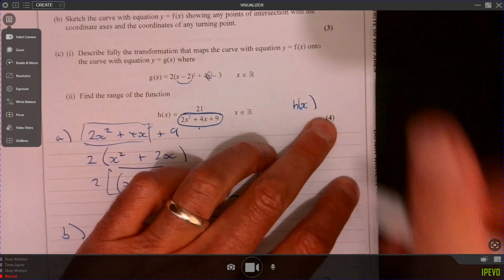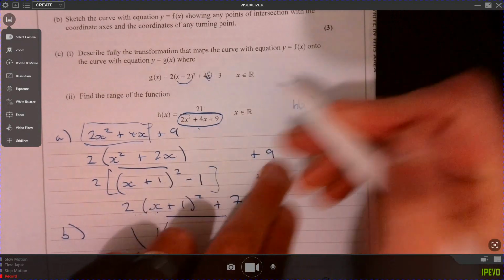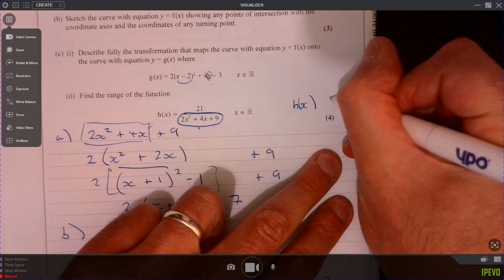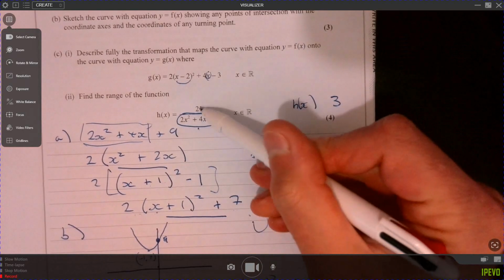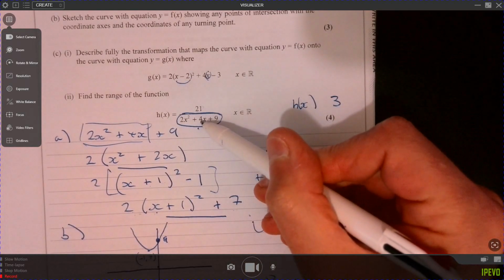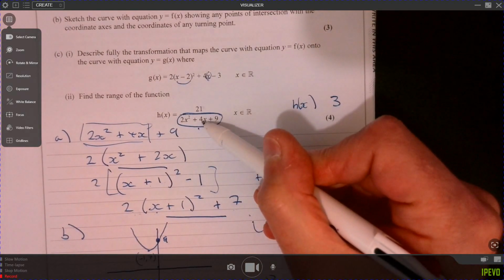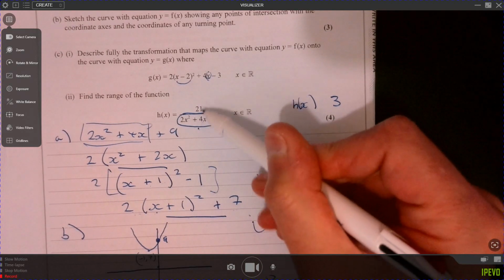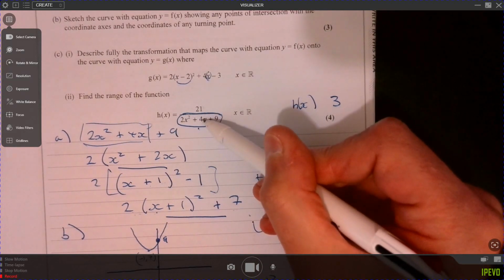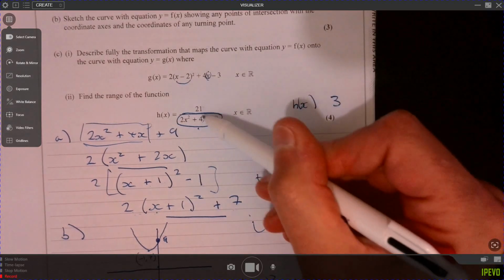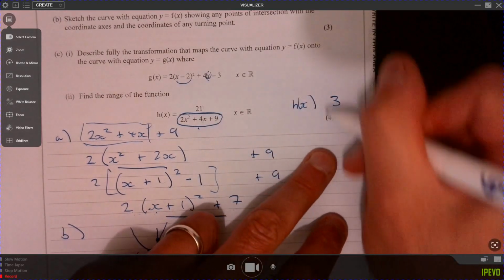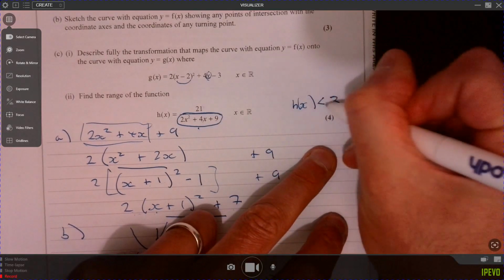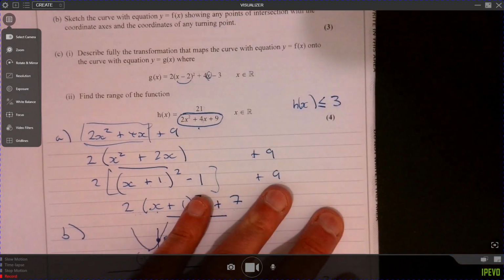Our function h of x cannot be, just think about that 3. That's the smallest that the denominator can be, it's 7. It's always going to be bigger than 7, so it's 21 divided by a number that's more than 7. Therefore, it must be less than or equal to 3.